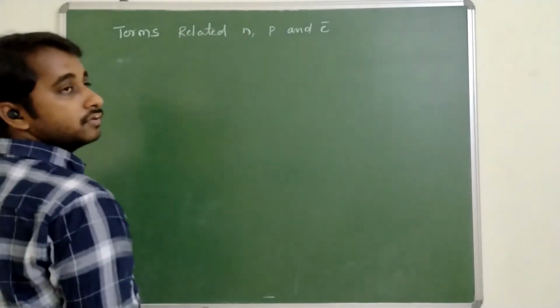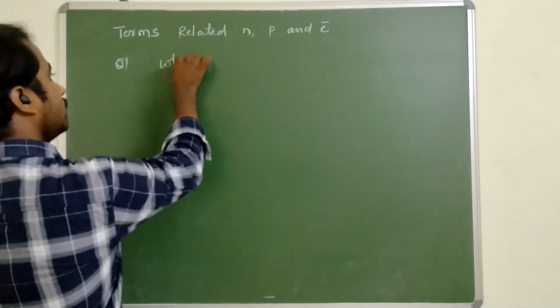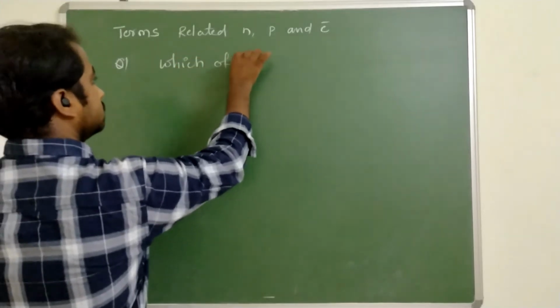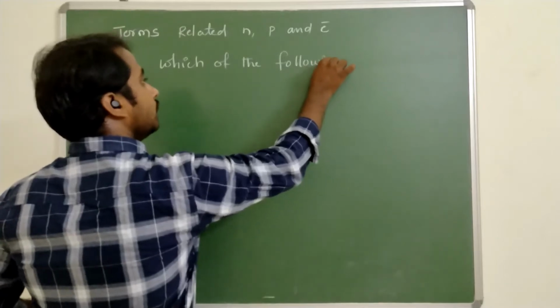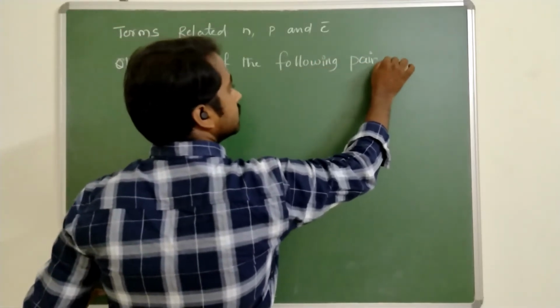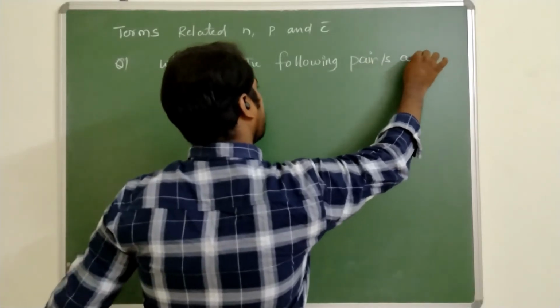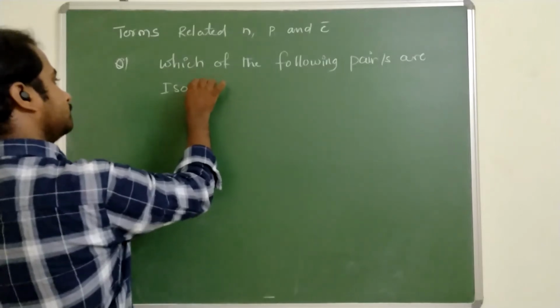Previous year MSET question. Which of the following pairs are isodiaphers to each other?